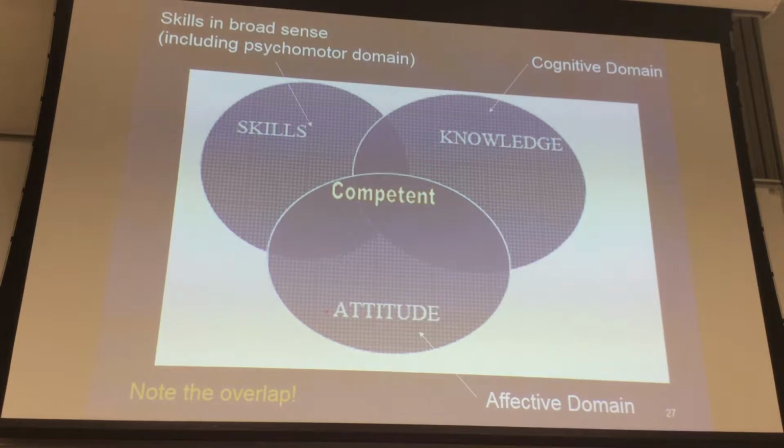Now, in Bloom's taxonomy, therefore, what has he done? He's looked at the cognitive domain. He's looked at the psychomotor domain, skills, and he's looked then at the attitudinal domain. And these three overlap to give a person who can do the job. Now, in the English language, the word competent simply means that you can do your job properly.